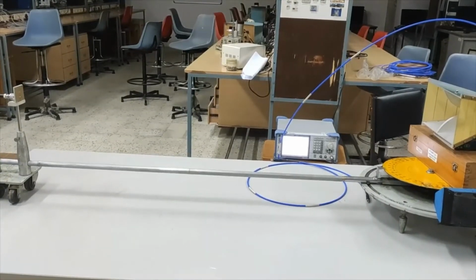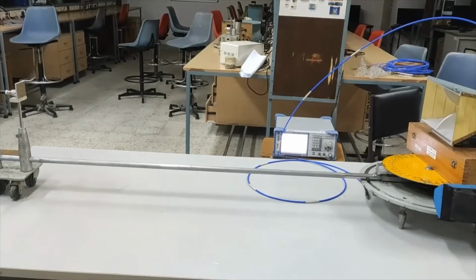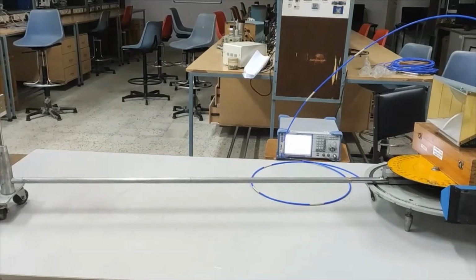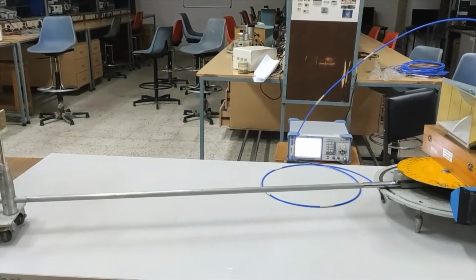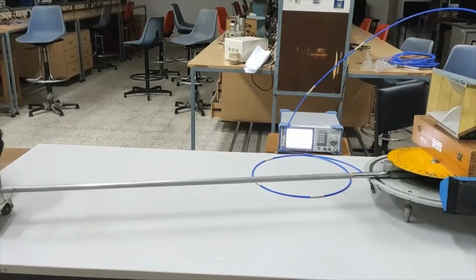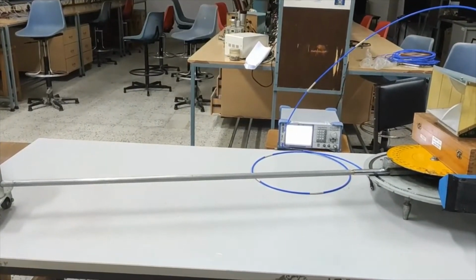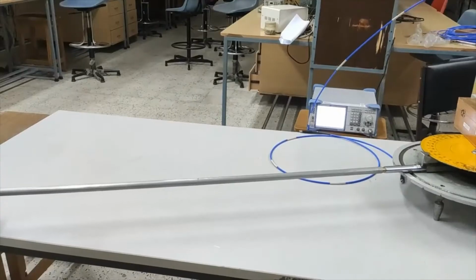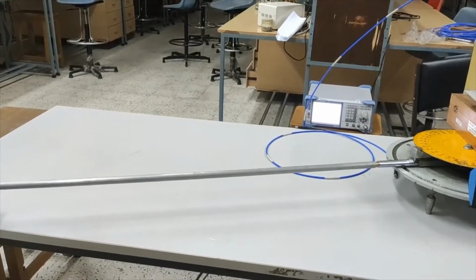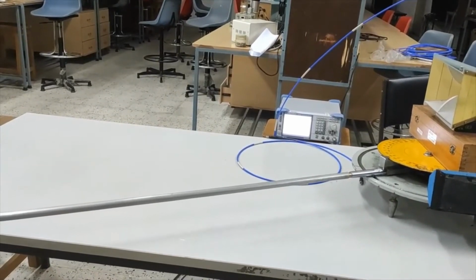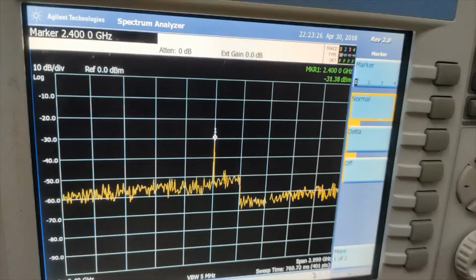Coming back to 0 degree, we will go for anti-clockwise measurement. At 10 degree it's showing minus 30.65. At 20 degree it's showing minus 31.27 dBm. Going further to 30 degree it's showing minus 31.35.